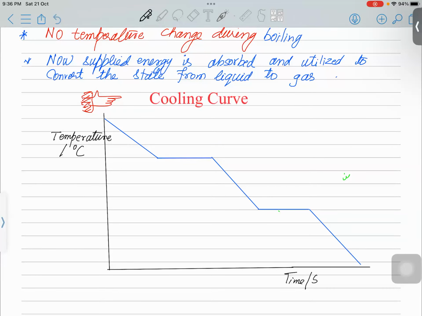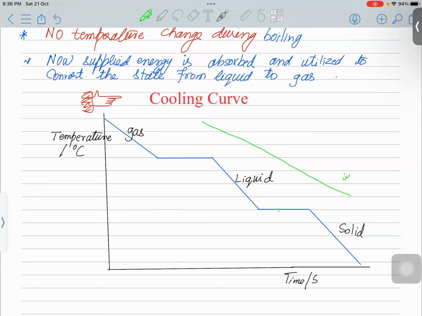Then decreases. Starting we have gas. Then we have liquid. Then we have solid. Here temperature decreases.